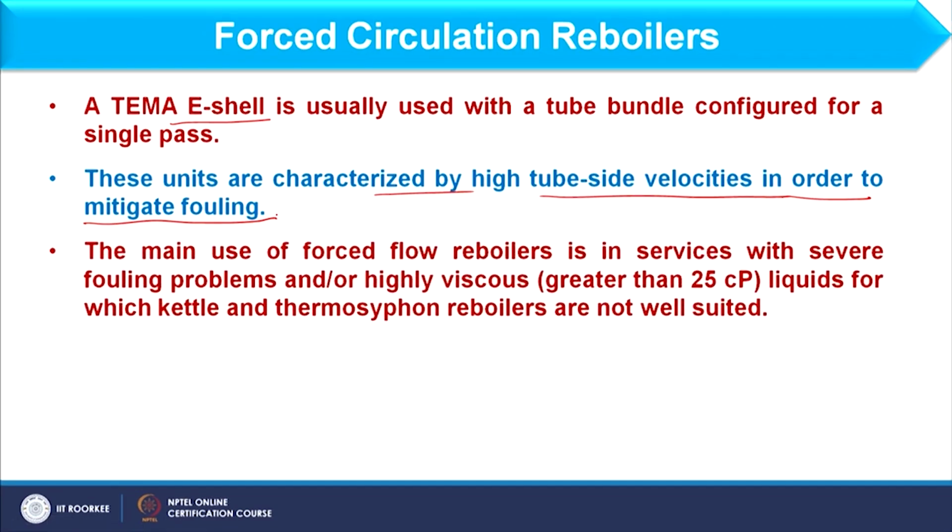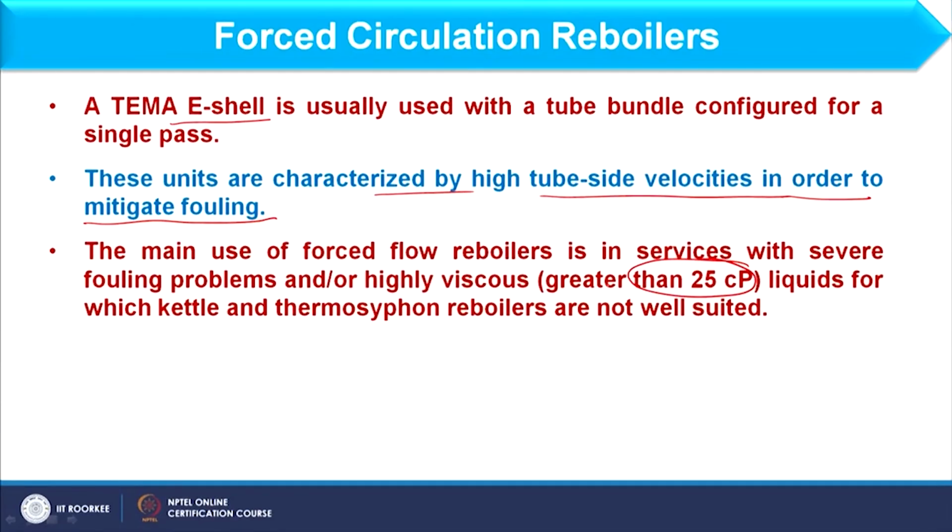So, scale formation can be reduced by increasing the velocity, and that can be done with the help of a pump. Now, why do we need forced circulation? When the fluid is not able to circulate on its own, and that happens when I am dealing with a highly viscous liquid. So, a forced circulation reboiler should be used when the viscosity of the fluid increases beyond 25 centipoise.